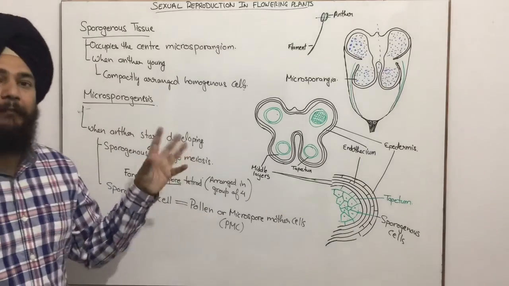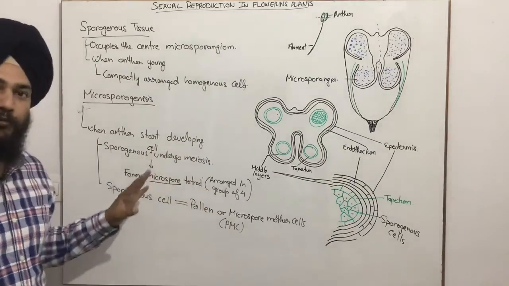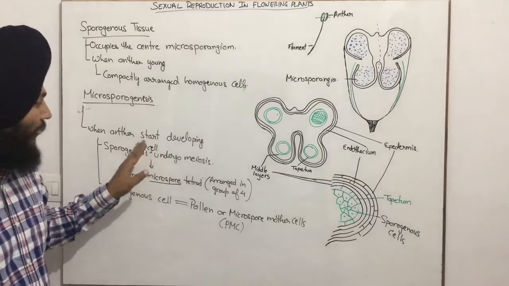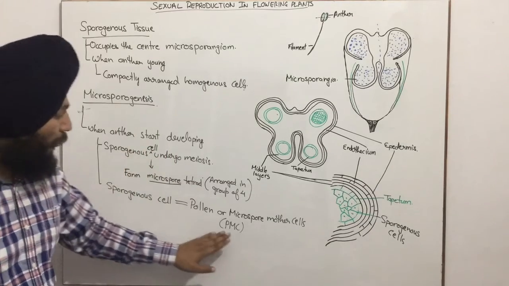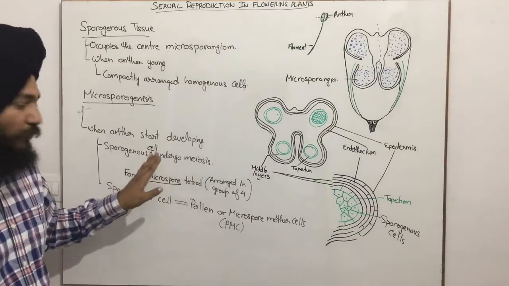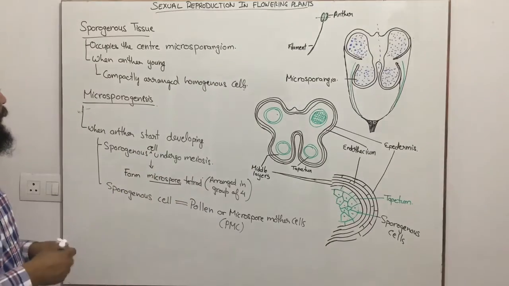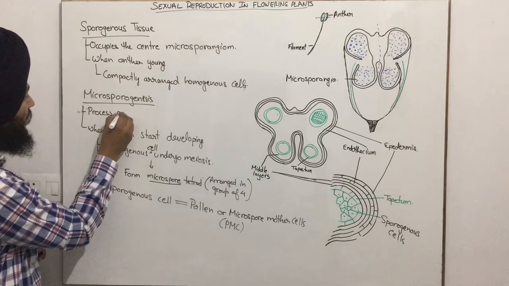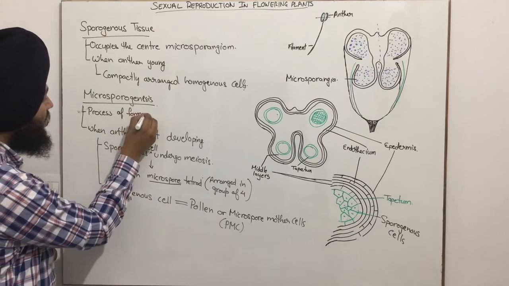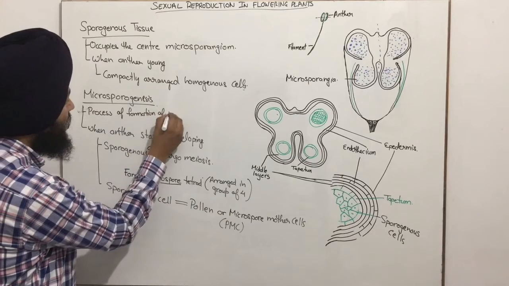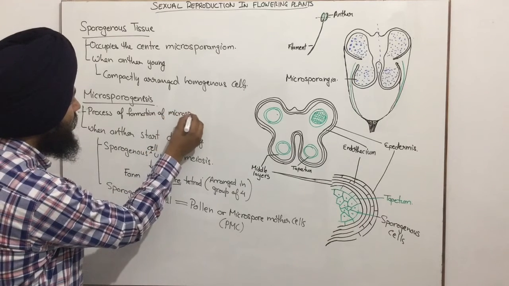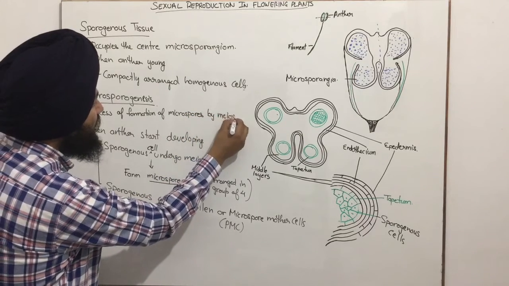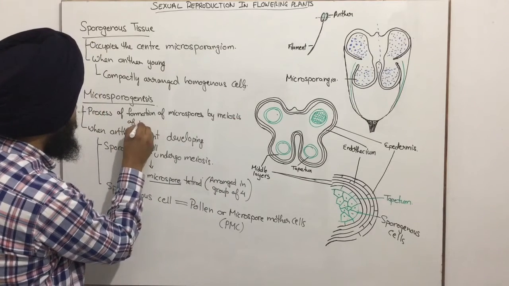Now to define what is microsporogenesis. The microsporogenesis is the process by which sporogenous cells undergo meiosis, or we can say pollen mother cells undergo meiosis to form the microspores. So we can define it as the process of formation of microspores by meiosis of pollen mother cells.